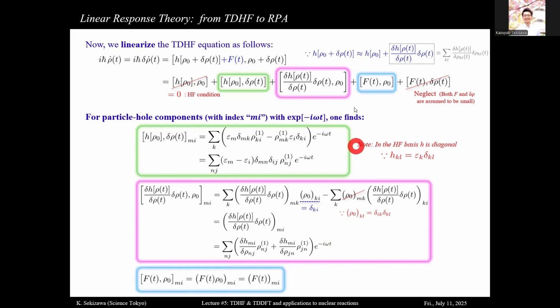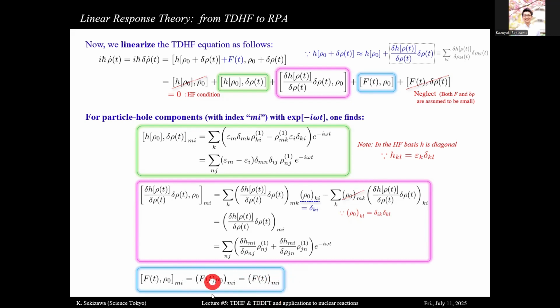And finally, this term provides you this condition. This index m i, I'm considering the particle-hole m i component. And you will have f rho minus rho f, but again, rho m i or rho is 0 if it contains the particle index. So only the f rho term remains. So you get this condition.